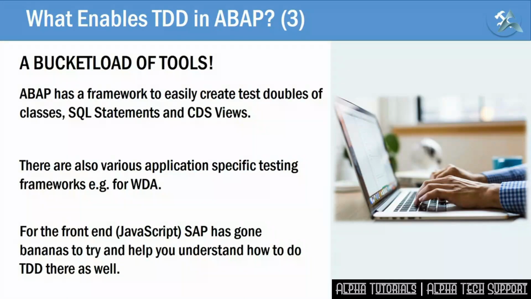It's outside the scope of this course, but much as we might not like it, SAP programming these days is not just confined to ABAP. The user interface is more and more being created using UI5, which has JavaScript as a programming language. JavaScript has a big bunch of unit testing frameworks, all with funny names like OPA and Gherkin.